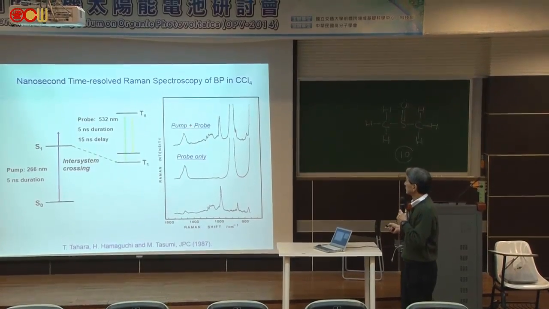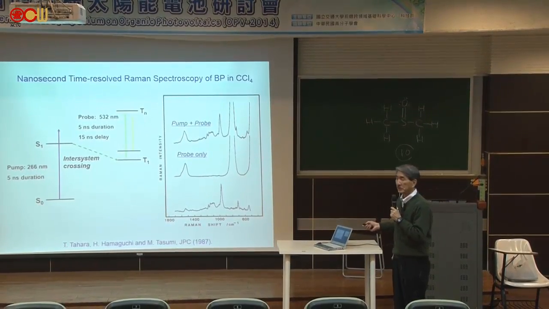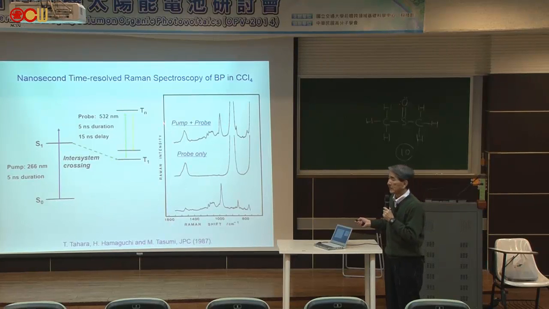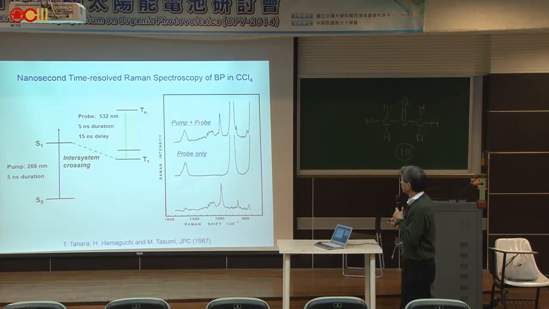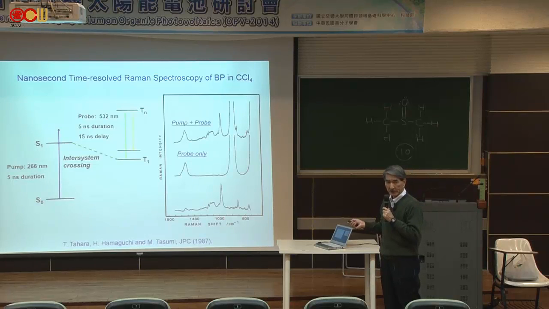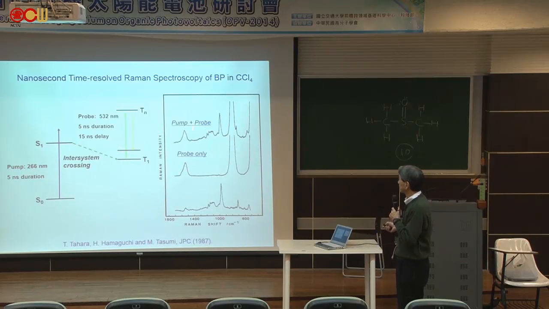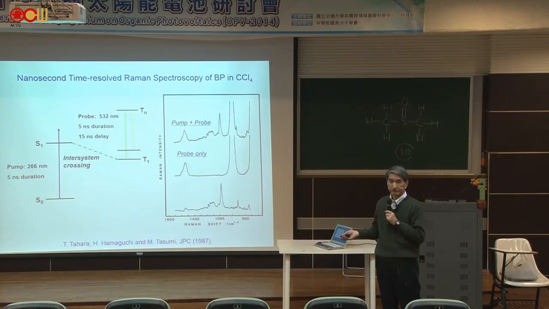And if you pump the molecule, so this is called pump and probe, then you have some extra bands coming out here very clearly. That shows the effect of the pumping. The effect of pumping means benzophenone goes into the triplet state in this case. So this is actually the Raman spectrum of the triplet benzophenone. If you subtract this solvent band from this one, you get this spectrum of the triplet state benzophenone.